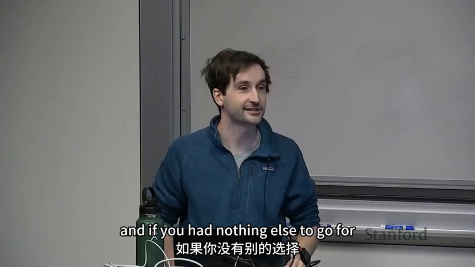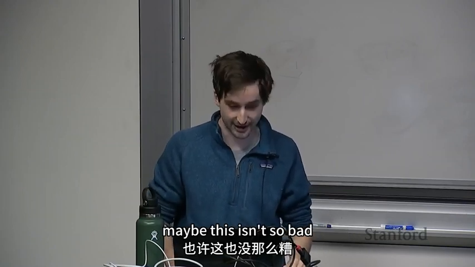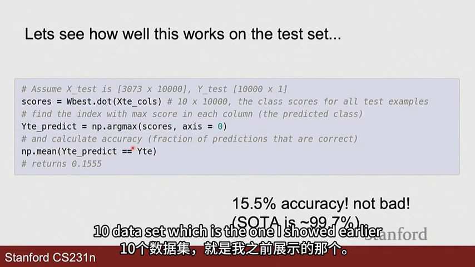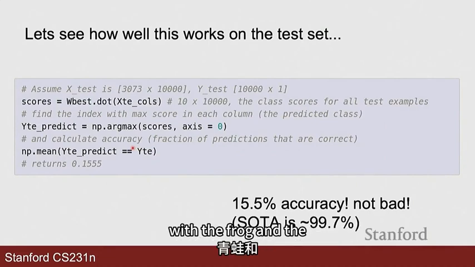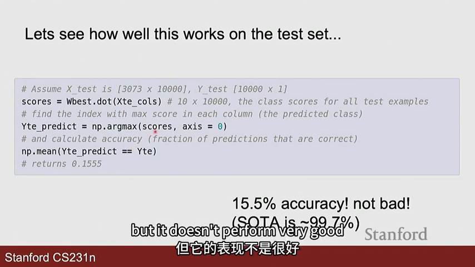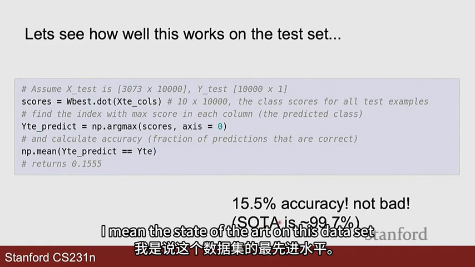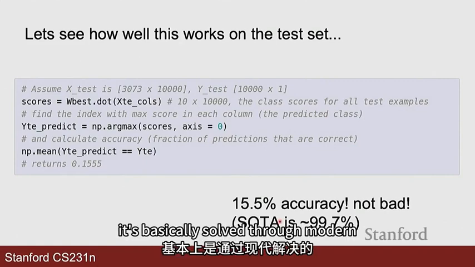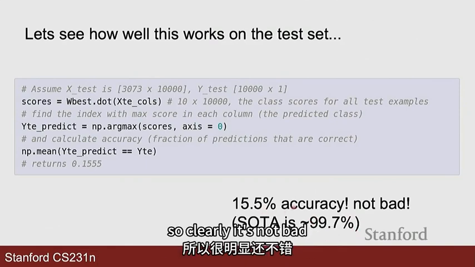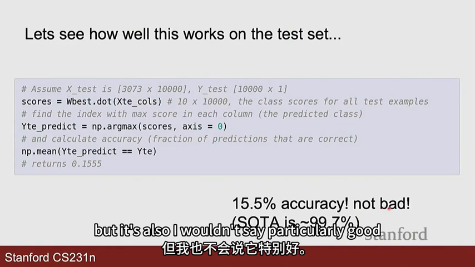And if you had nothing else to go for, maybe this isn't so bad. You would get 15.5% accuracy on the CIFAR 10 data set, which is the one I showed earlier with the frog and the car and things like that, with the 10 different categories. But it doesn't perform very well. The state of the art on this data set is basically solved through modern deep learning. You get 99.7% accuracy. So clearly it's not bad, but I wouldn't say it's particularly good.